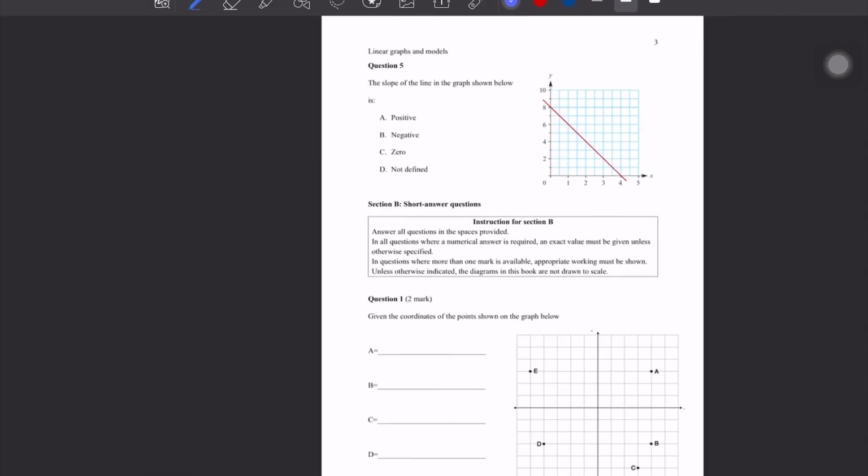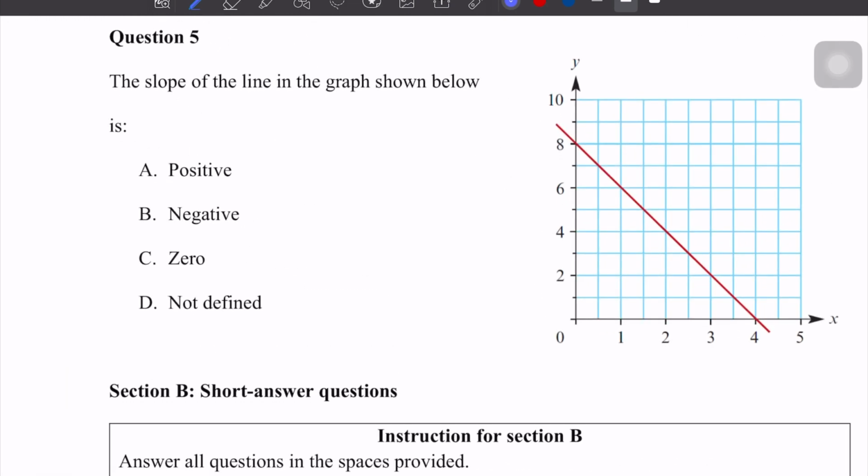Let's move on to the next page. The slope of a line in the graph below is what? Whenever the slope goes down from left to right, it should be negative. Whenever the line goes up from left to right, this would be a positive slope.